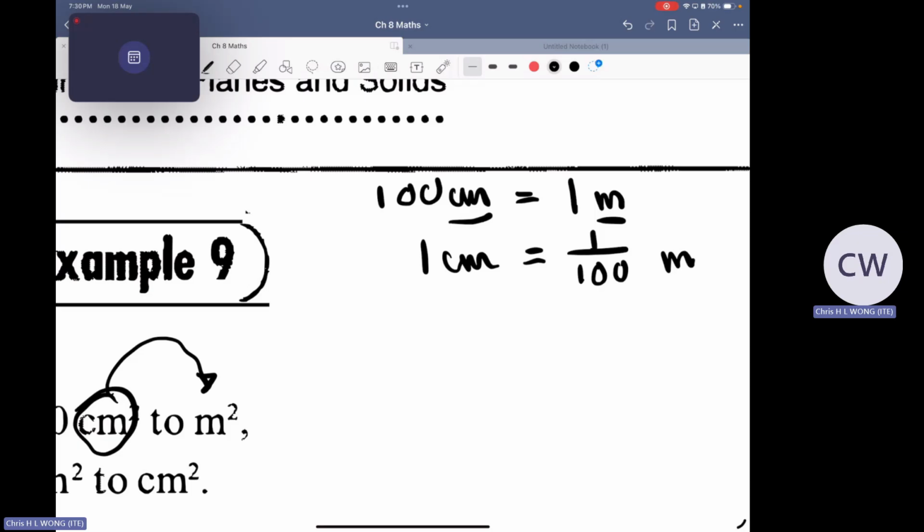When you find 1, you divide by whatever it is. So 1 divided by 100 is 0.01 meter. If you don't know how to move the decimal places, please use your calculator to press. Don't do manual calculation. Not sure, please use a calculator.